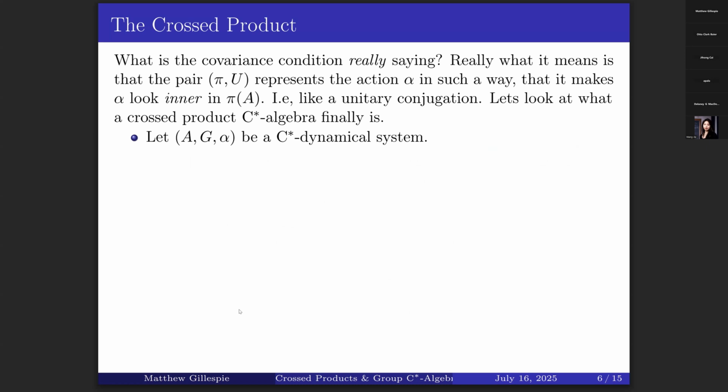So with that being said, we can finally talk about what a cross-product C-star algebra is. Again, we're going to have a fixed C-star dynamical system. If you may have read a little bit about cross products, maybe in the Goals notes, they're introduced in a much less general framework, from what I remember, where usually you have a discrete group G and they define, I believe, the reduced cross product only.